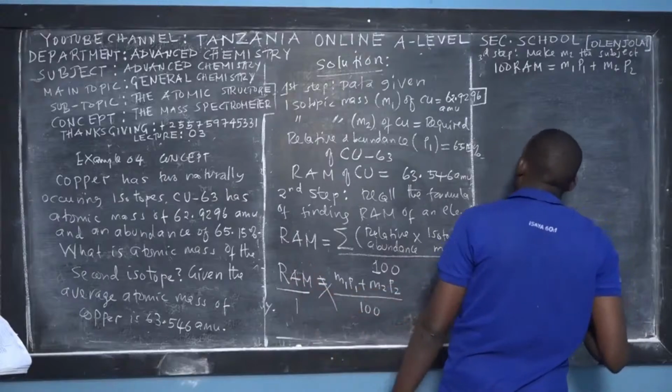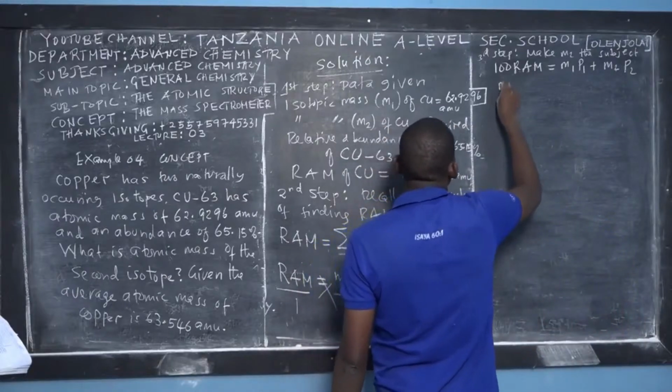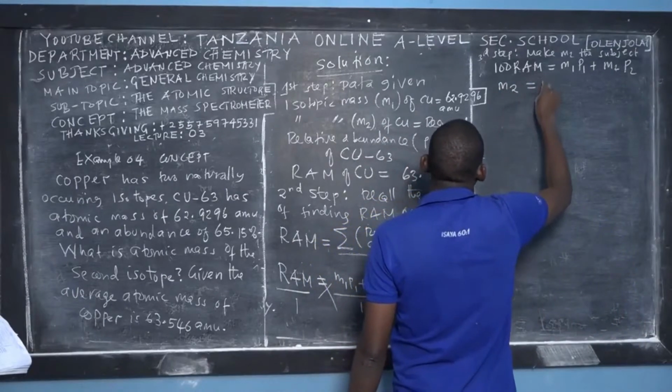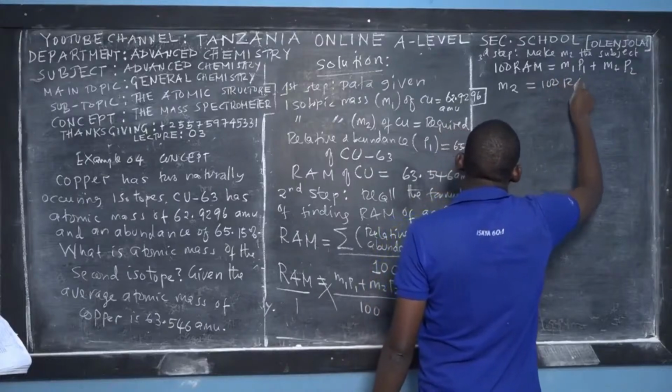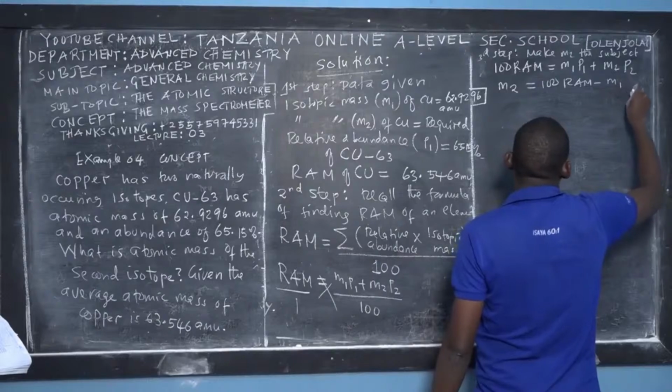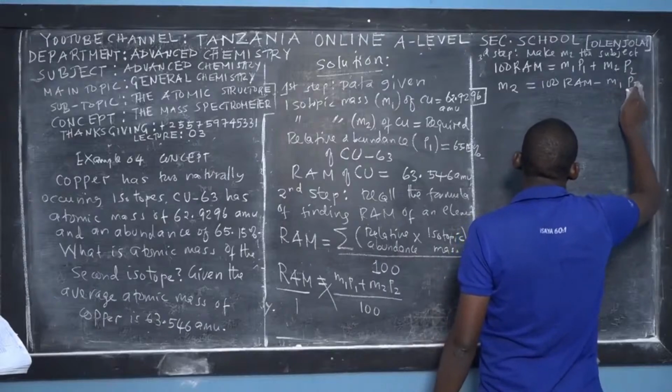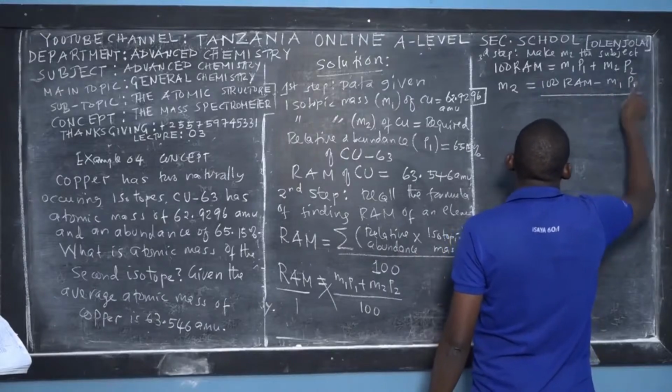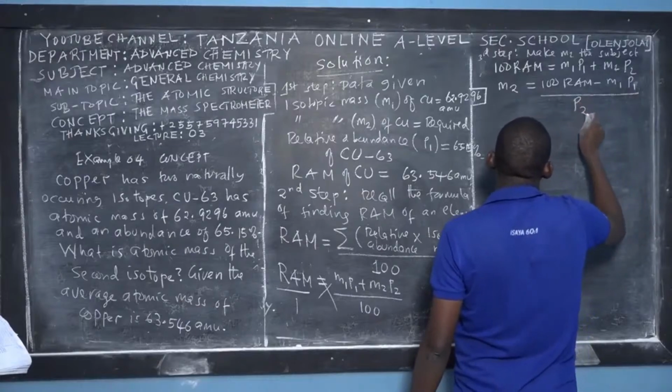So M2 is equal to 100 times the relative atomic mass, minus the product of isotopic mass 1 and abundance 1, divided by percentage 2.